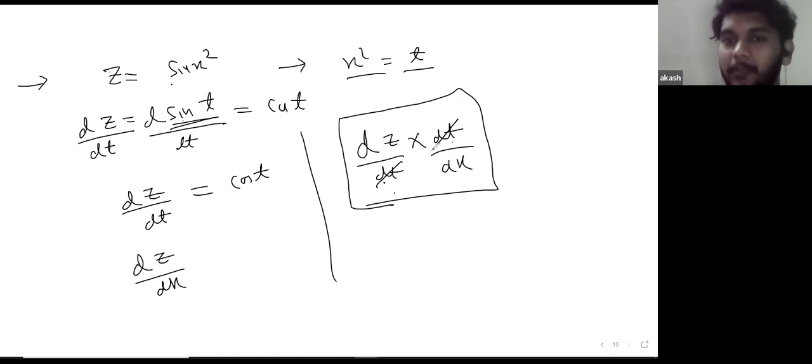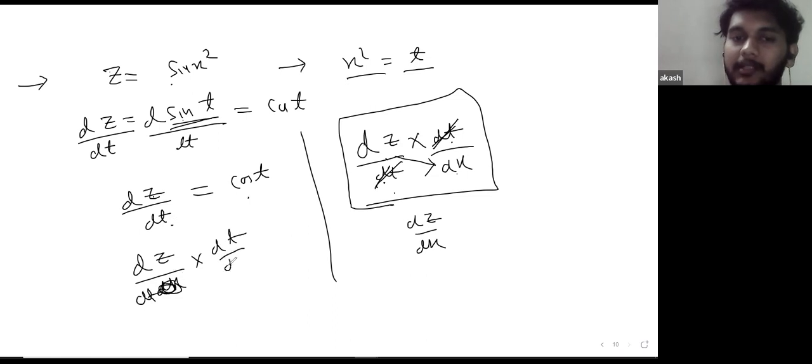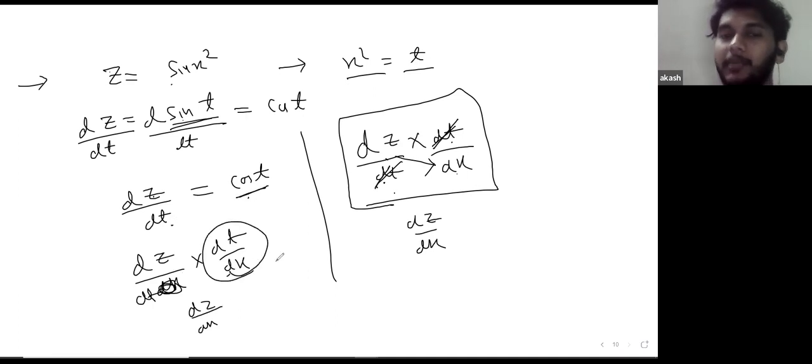Rahman, if I multiply dt upon dx in this function, we'll get dz by dx. So now we have dz by dt equals cos t. If I multiply dt by dx here, what I will get? Dz by dx.